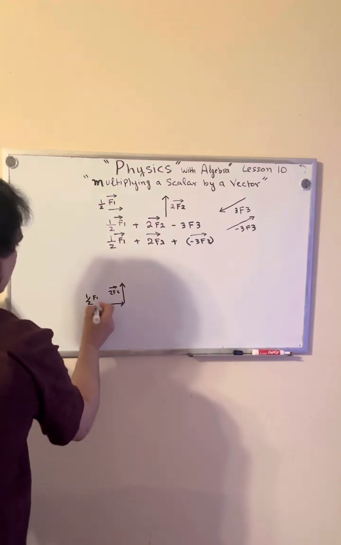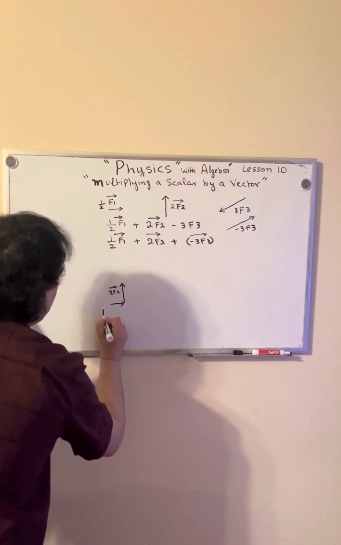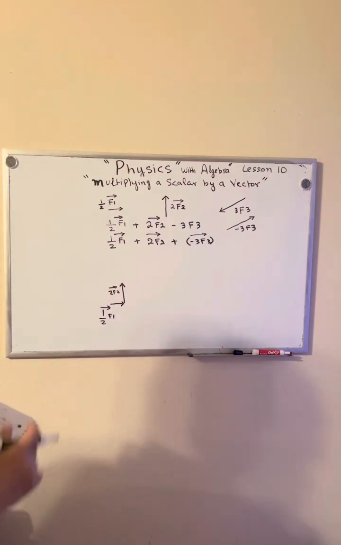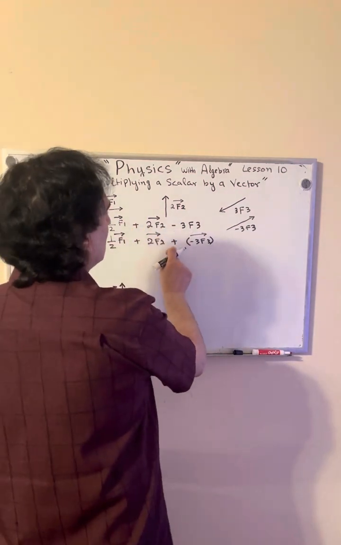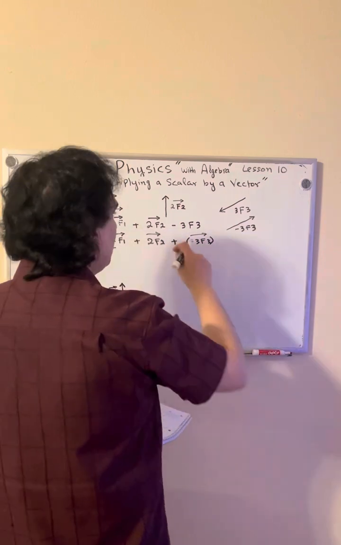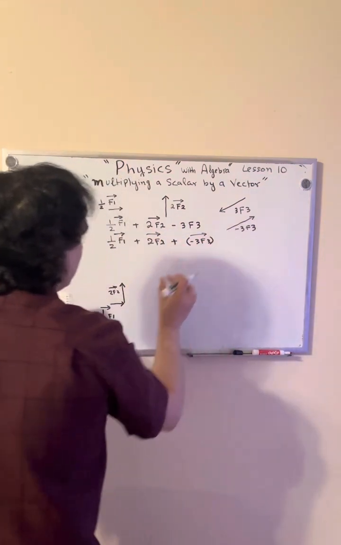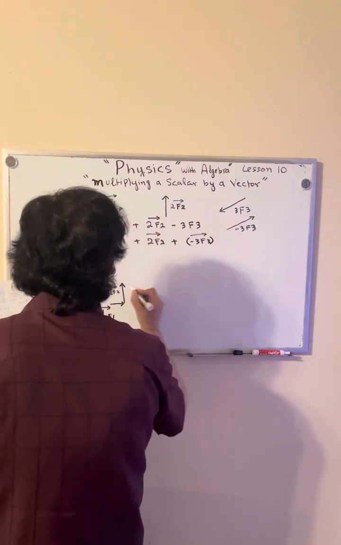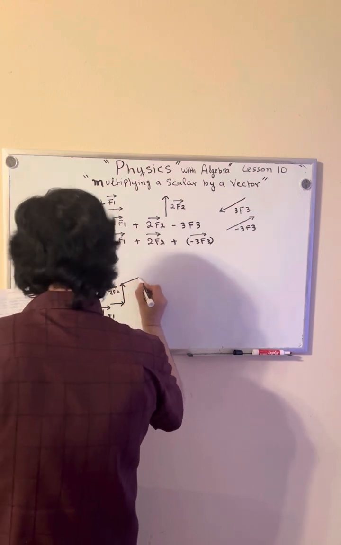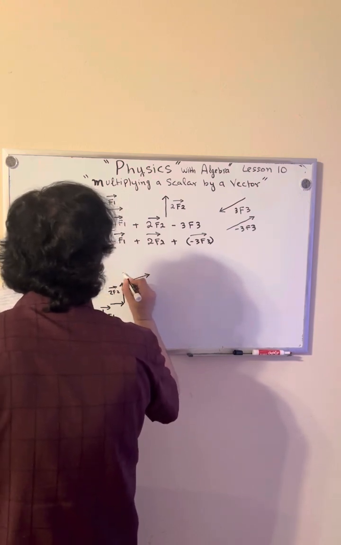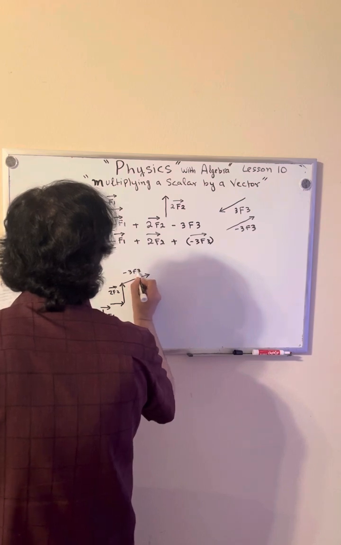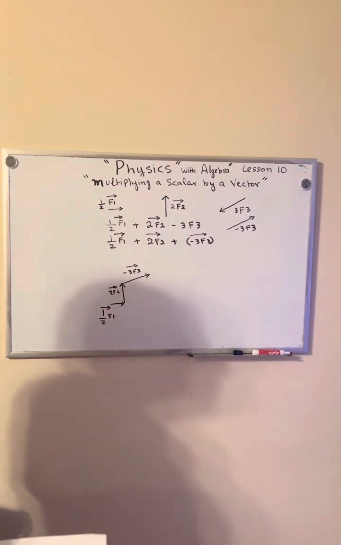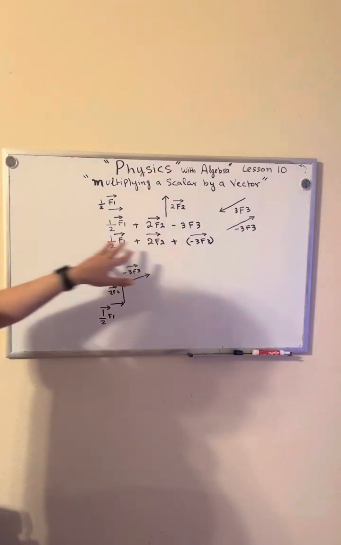This one right here, let me make it clear, is the half F1 vector. Now, we change this to plus, but we reverse the direction. So this vector right here is going to be like this, going up, and this is minus 3F3 vector. So this is basically the graphical representation of the addition of these three vectors.